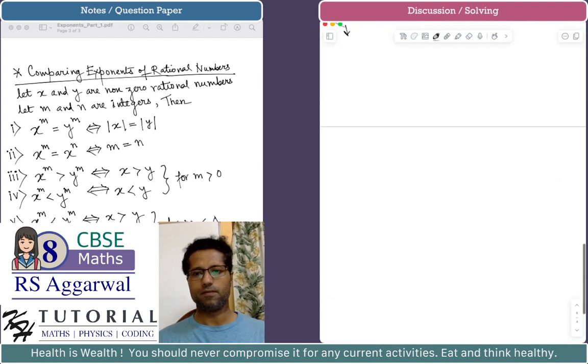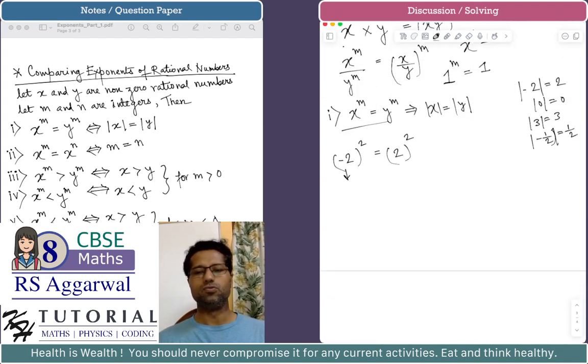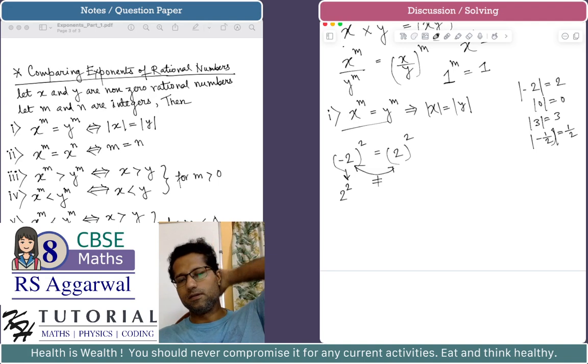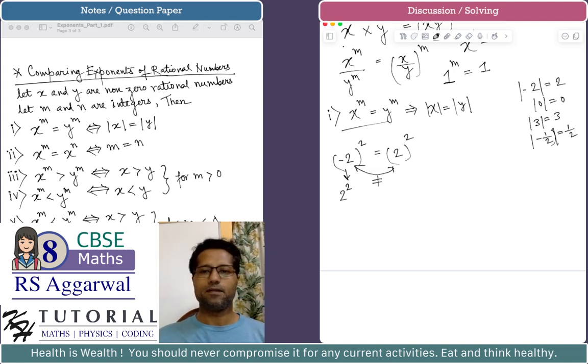So over here -2 raised to the power 2, m is 2 here, it is even. So this will be equal to 2 square. But you can see the bases, -2 and 2, are not equal. So if the power is an even integer, then you cannot directly say that x equals y. You have to say that the absolute value of x is equal to absolute value of y.